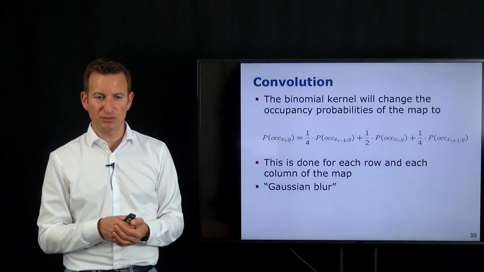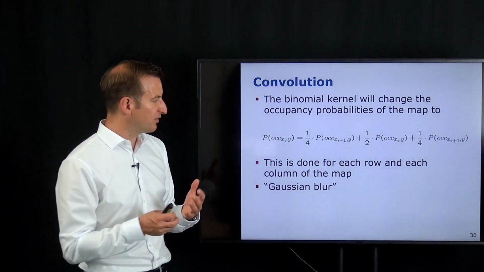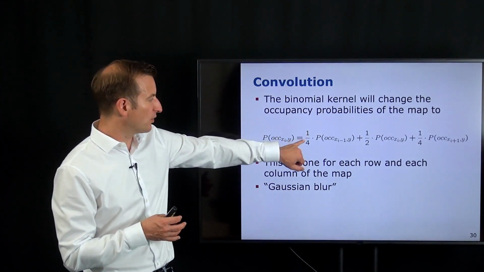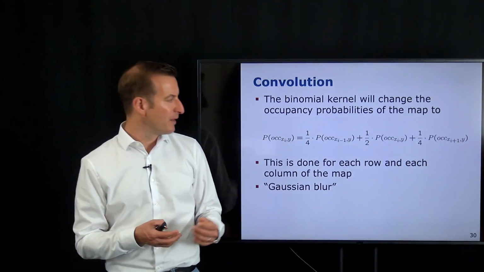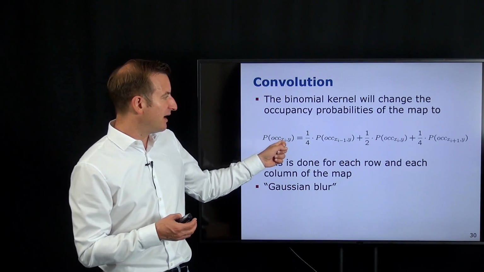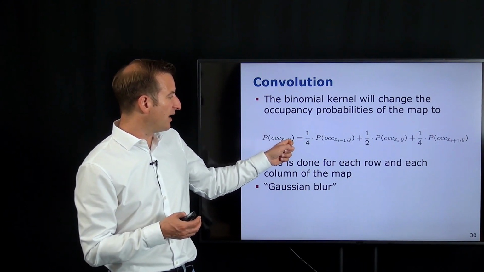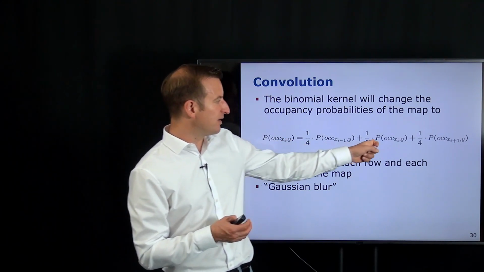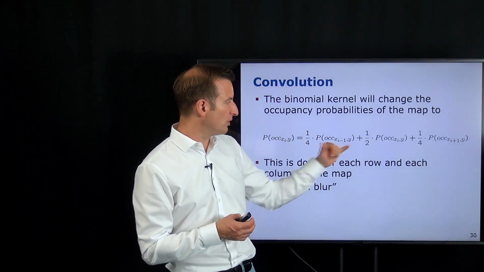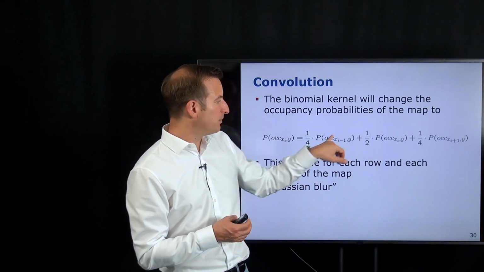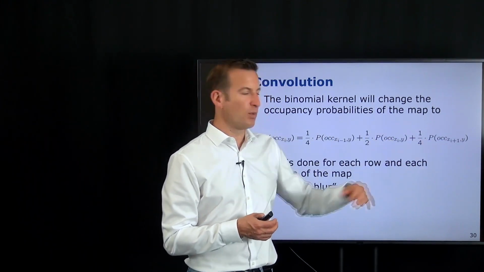So how can this convolution be computed? This is a standard convolution, here with a kernel of a quarter, a half, and a quarter, which is a binomial kernel. If you want to update a cell x_i, y, then you take half of the value of the grid cell, the old one, half of it, plus a quarter of the neighbor to the left plus a quarter of the neighbor to the right.